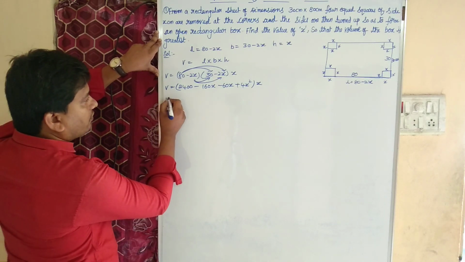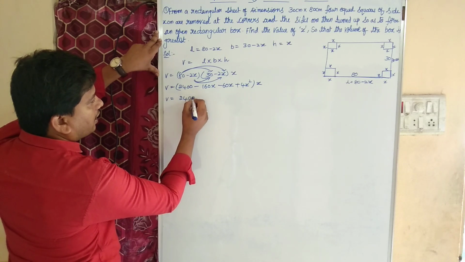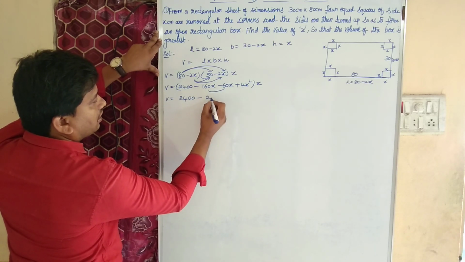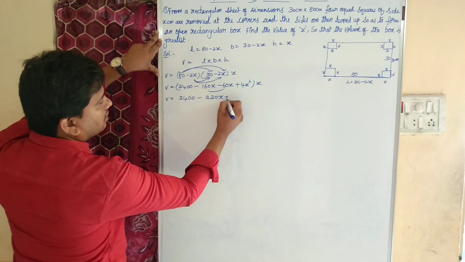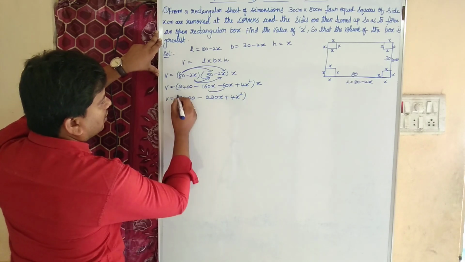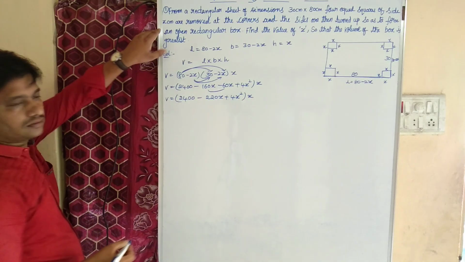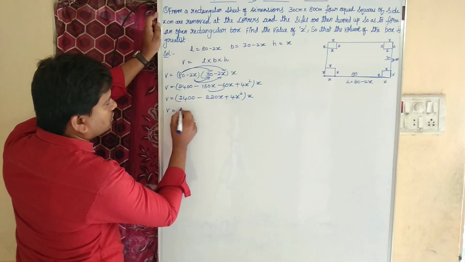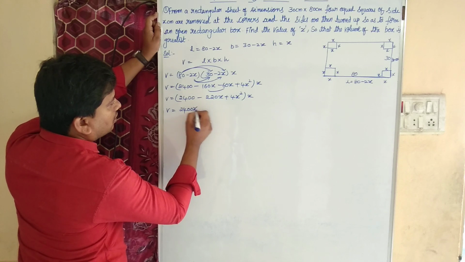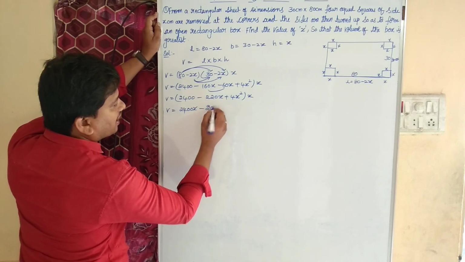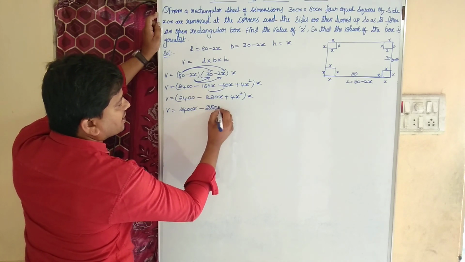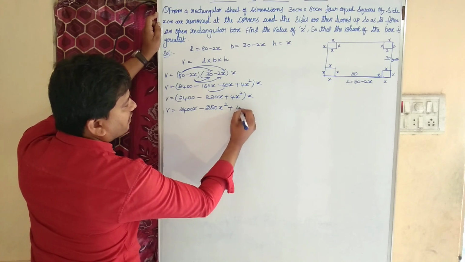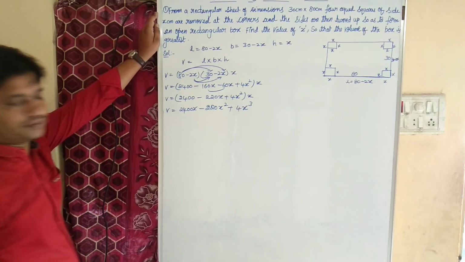So V equal to 2400, 160 minus 60, that is 220x, plus 4x square into x. Now 2400 into x, 2400x, minus 220x into x, 220x square, 4x square into x, 4x cube.